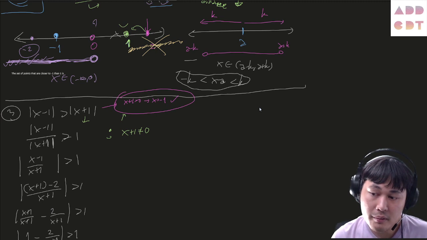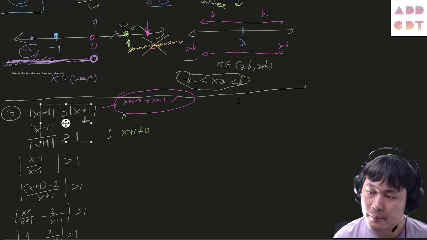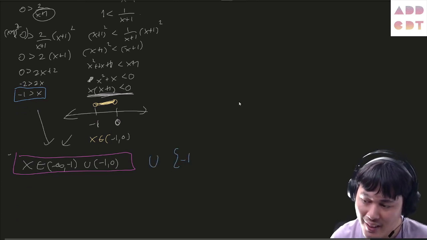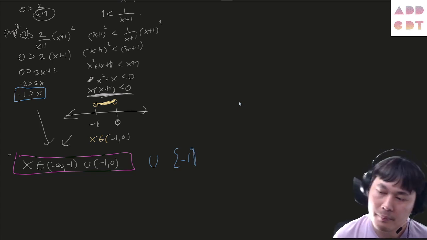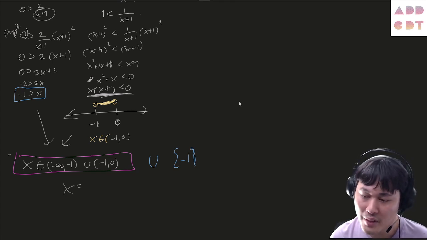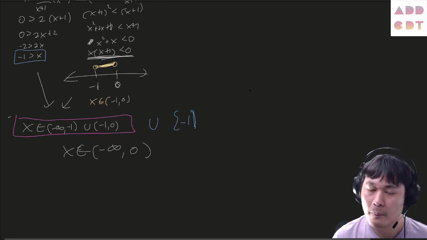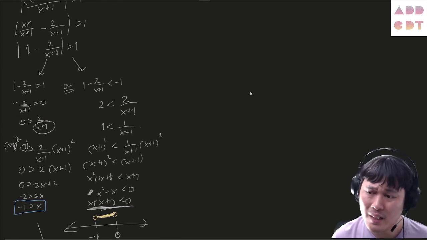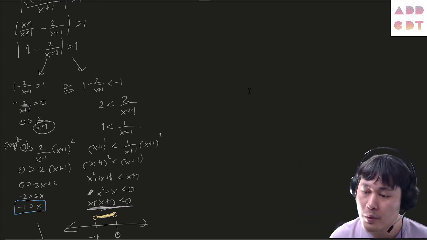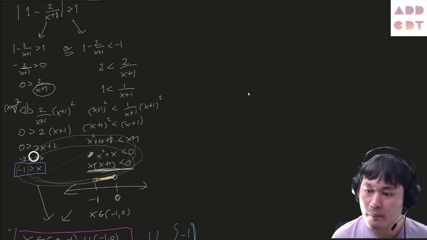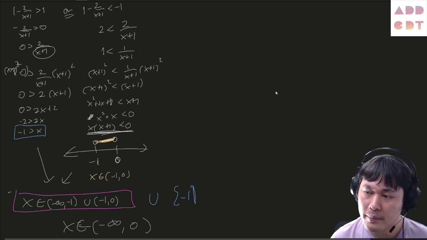But we also say that if x is -1, everything still works. So we also have to add the single value -1 from the case before we divided both sides. And finally, we get the whole interval from -infinity to 0. So that's the third way. That avoids the issue of having 4 inequalities, but it does introduce some complexity of division instead.